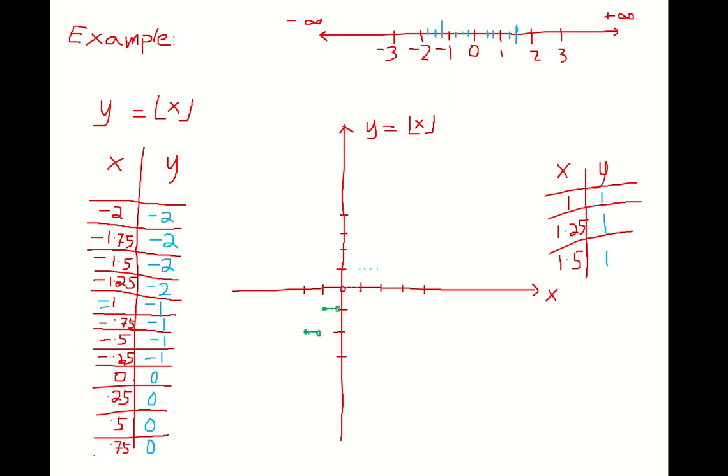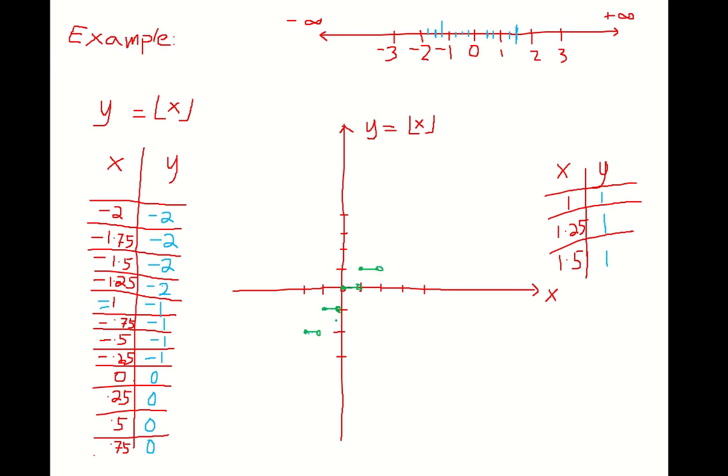Okay, and then we have another straight line with a solid shaded point here, and this is hollow, and this is another one. Again, this is solid, and this is also hollow.